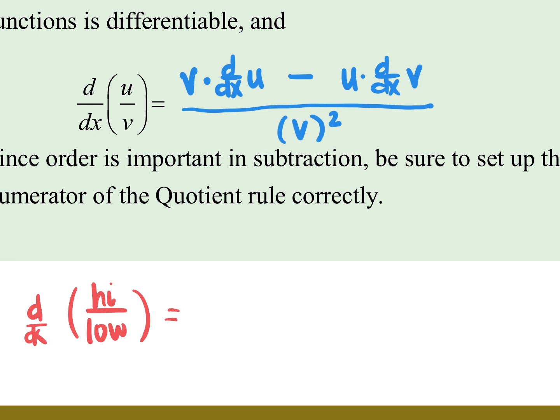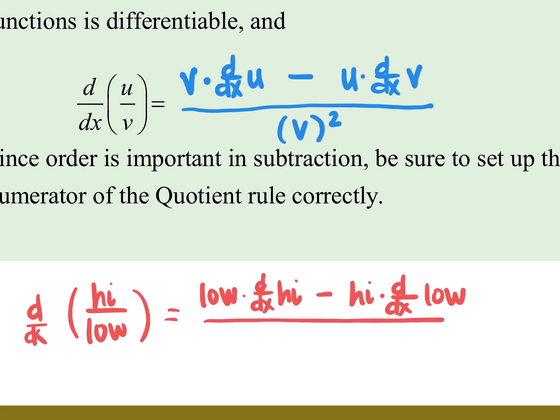And so if you were to use high and low instead of u's and v's, what would we start with? Low times the derivative of high minus high times the derivative of low. All over low squared.